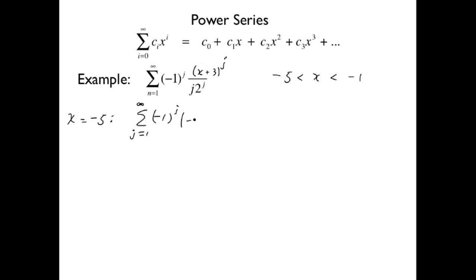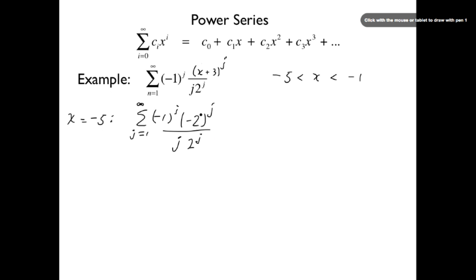Is that right? All over j times 2 to the j. So now we've got all these things to the j, right? Negative 2 to the j over 2 to the j is the same as? Yeah, so you can just put those in a ratio to the j, and you would get negative 1 to the j. And then negative 1 to the j times negative 1 to the j is just 1 to the j, right? Every time they're both negative, you get positive.